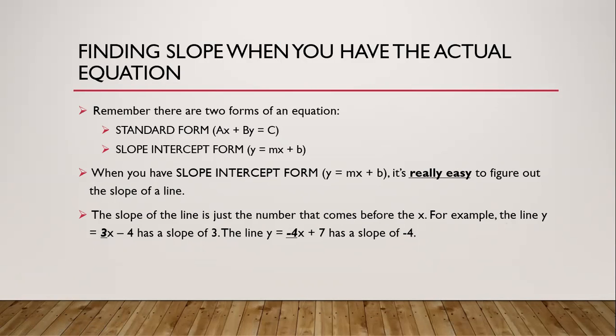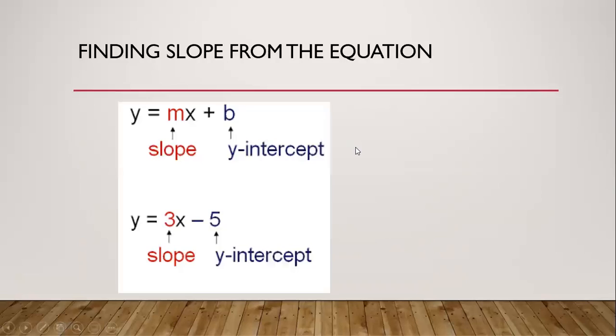Or in the line y equals negative 4x plus 7, it's negative 4. That's it. You literally don't do anything. You look at it, you read the number out, and you kind of process it in your brain and then say the number. The steps are look at it, process it in your brain, and say the number. Those are the steps.